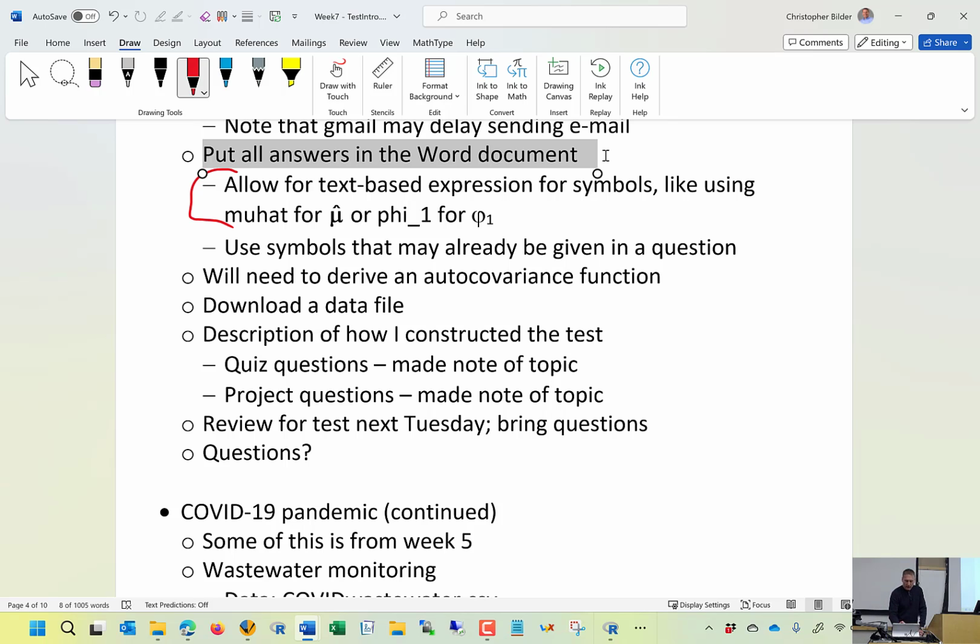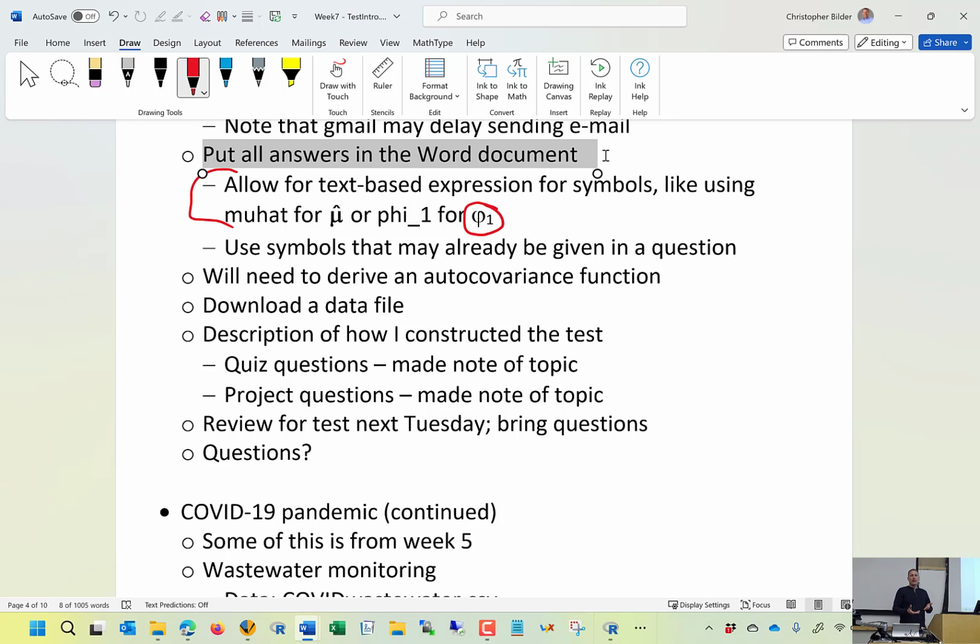What that means is, for example, let's say for some reason you needed to put phi_1 on your test. It's okay for you to write out phi_1, underscore meaning subscript. Or I would even take phi1. So that's okay. But I encourage you to use the equation editor if you can.